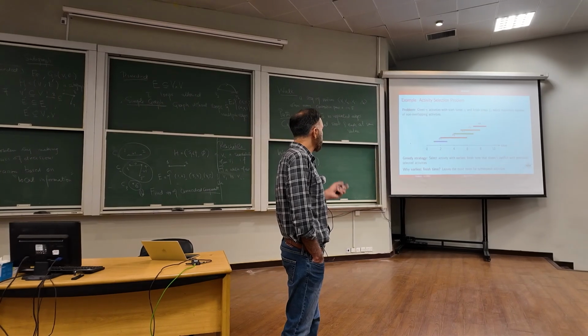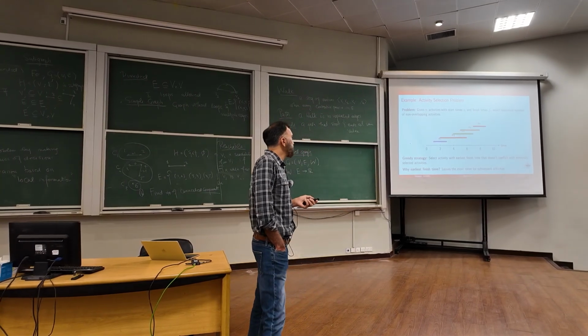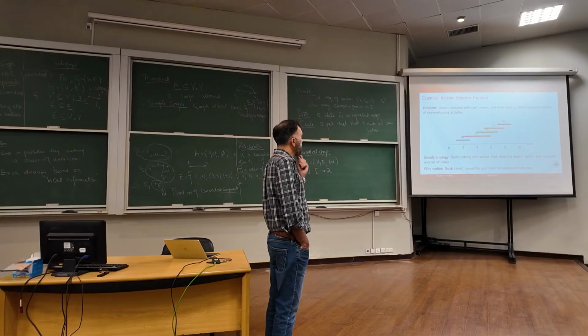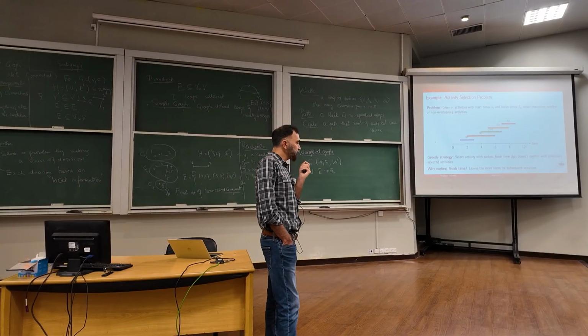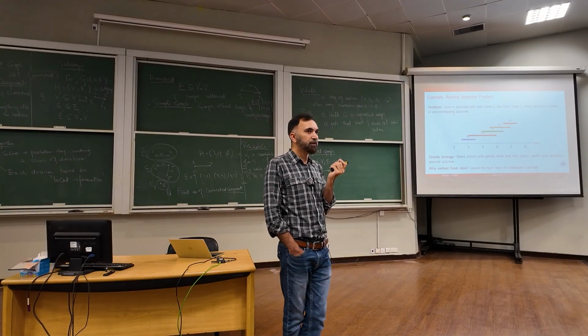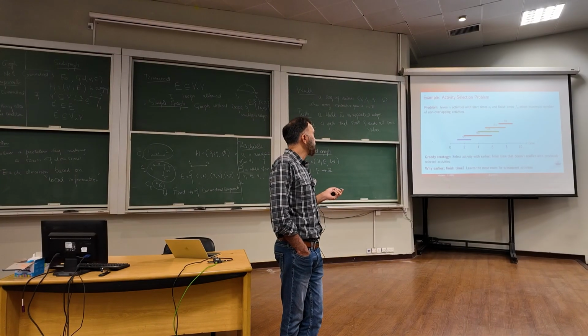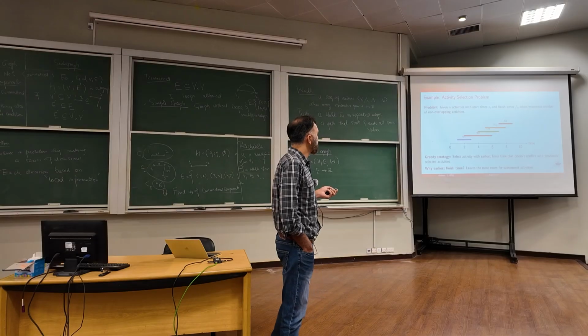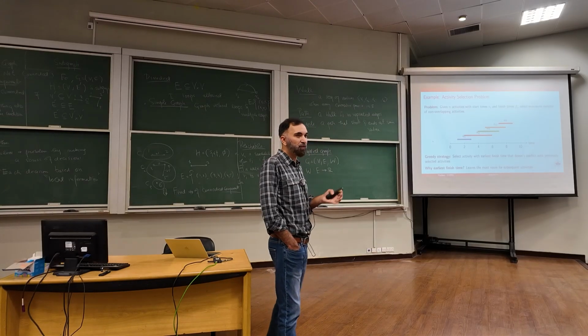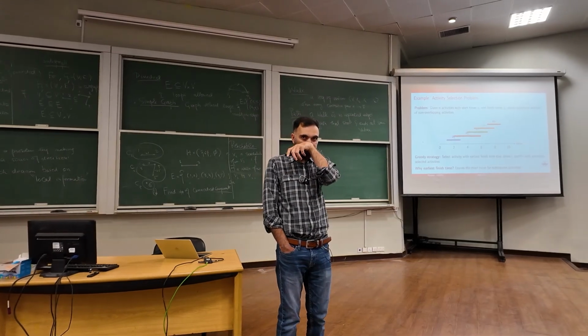We'll do examples. Here's an example. You are given activities, where an activity is an interval in time. Okay, so it's a pair of numbers, and you want to find out the maximum number of non-overlapping activities that you can do. All right.